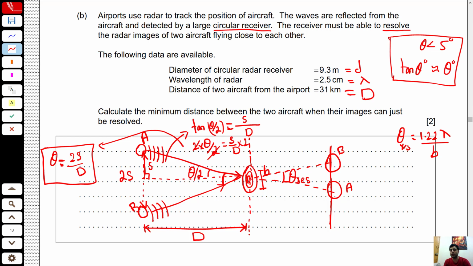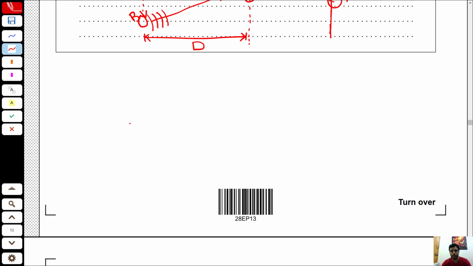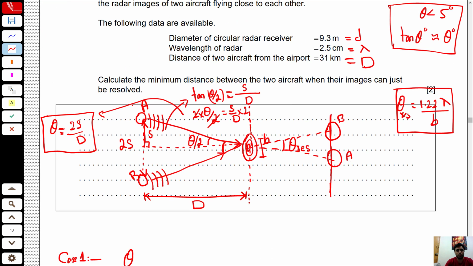So there are actually three cases. We have two angles, so we have one equation which is here, and a second equation that is here. Let me summarize the three cases here. Case one: this is the diffraction equation, and this is the resolution equation.